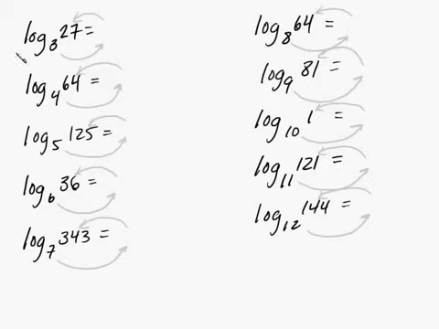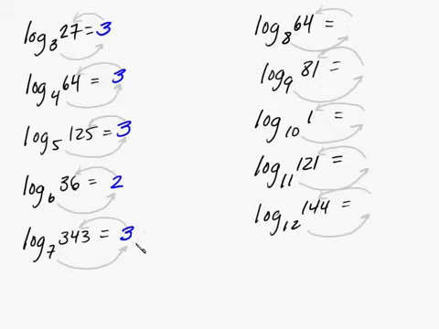Okay, in this case, 3 to what number gives me 27? Well, 3 times 3 times 3, so 3 to the third power gives me 27. So let's write that in blue actually. 3 to the third power gives me 27. 4 to what power gives me 64? That's going to be 3. 5 to what power gives me 125? Again, that's a 3. 6 to what power gives me 36? 2. 6 squared is 36. 7 to what power is 343?